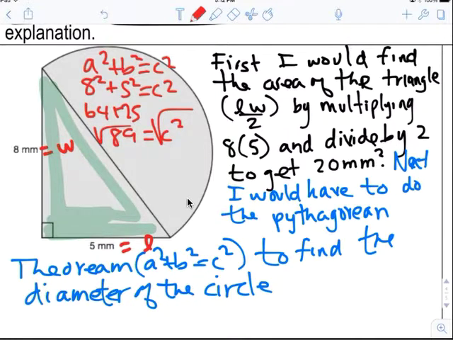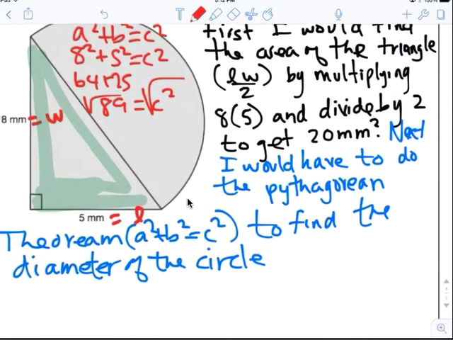Get a calculator out. 89 square root is 9.43, so to find the diameter of the circle, it is 9.4 millimeters.